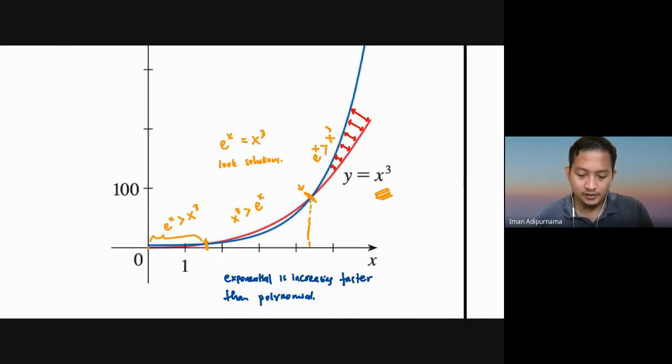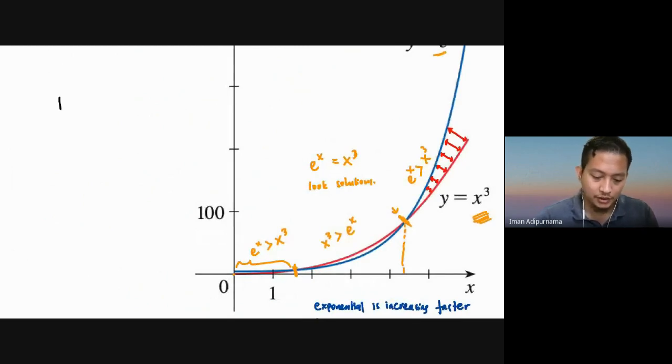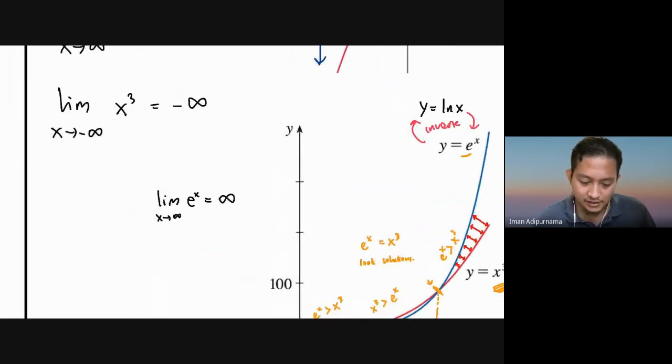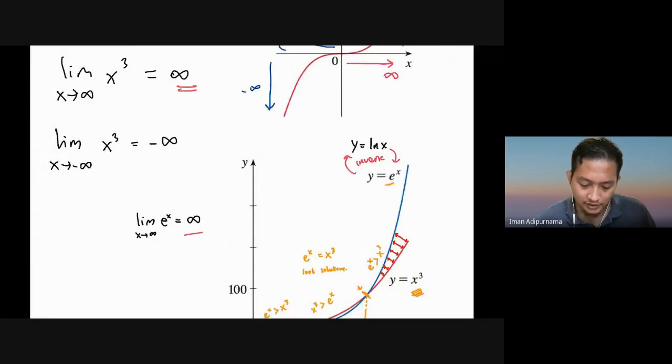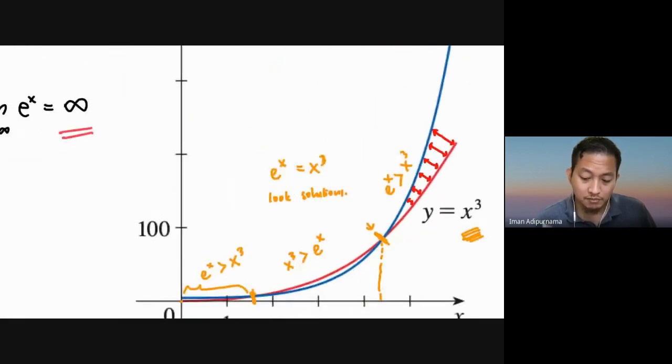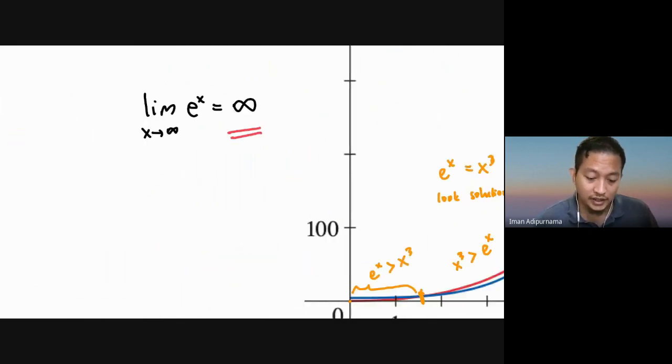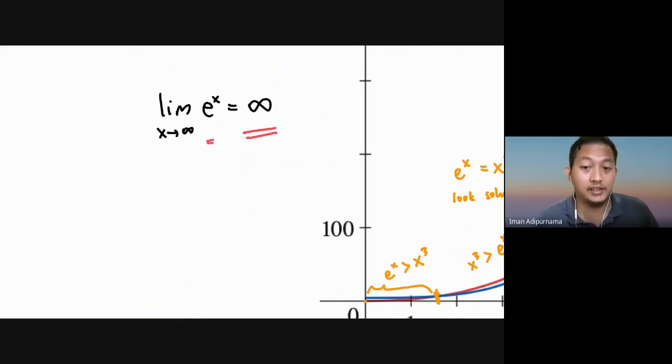For e to the x, if you take the limit as x approaches infinity, it is going to be infinite, the same as x cubed. But at some point you can conclude that e to the x is faster than x cubed.